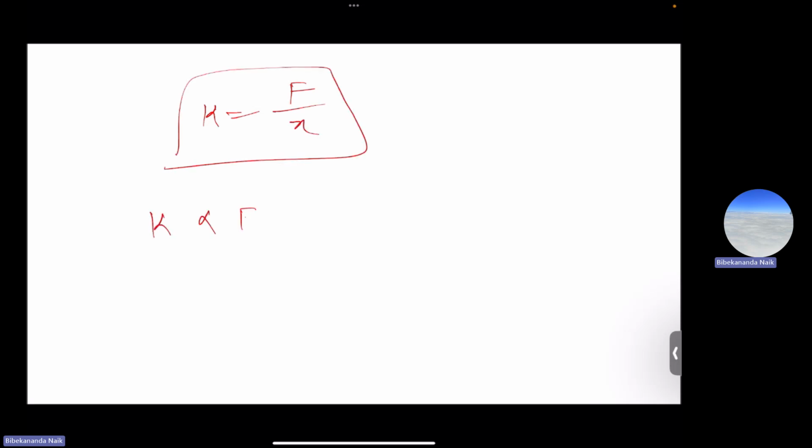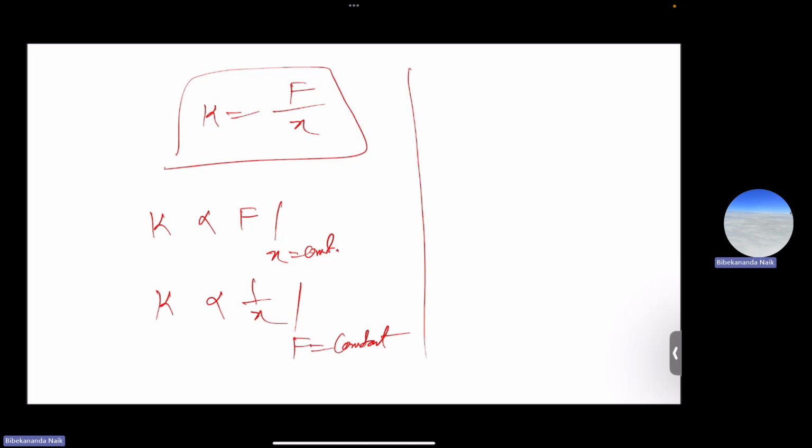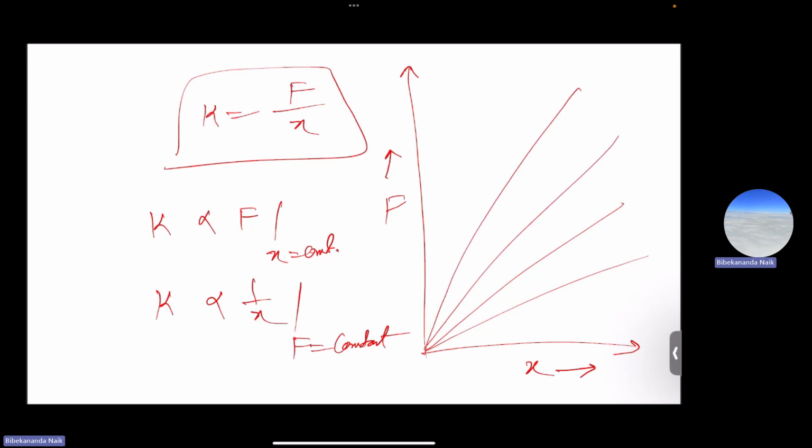So k is directly proportional to F at constant x, and k is inversely proportional to x at constant F. Now if we see the graph, this is x elongation, then F, and the springs A, B, C and D.